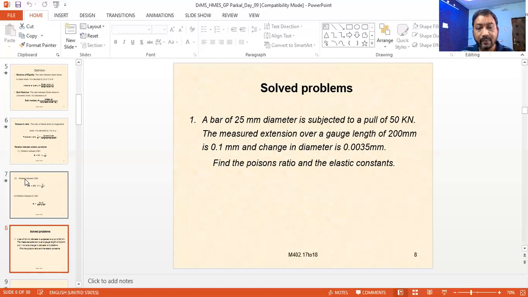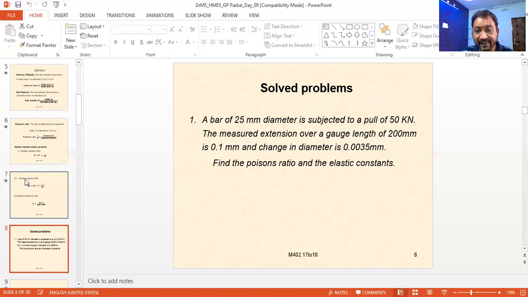A bar of 25 millimeter diameter is subjected to a pull of 50 kN.